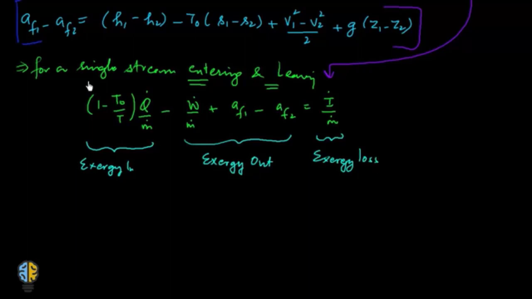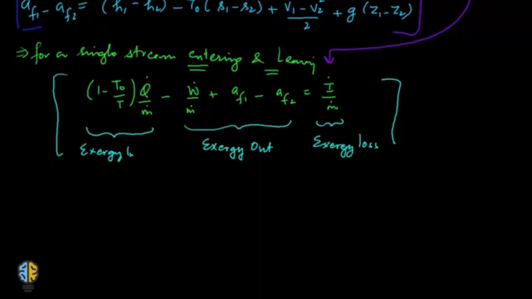This is how you can analyze the exergy balance for a steady flow process. I hope you understood the analysis represented over here. Now after this analysis, let us look at some illustrations of second law efficiencies.